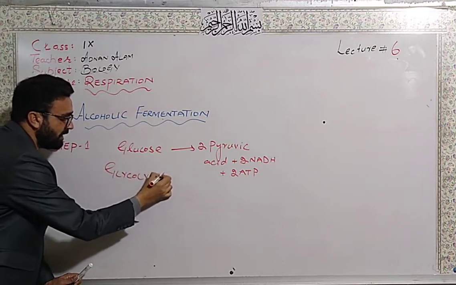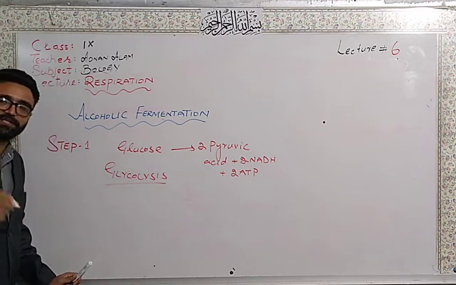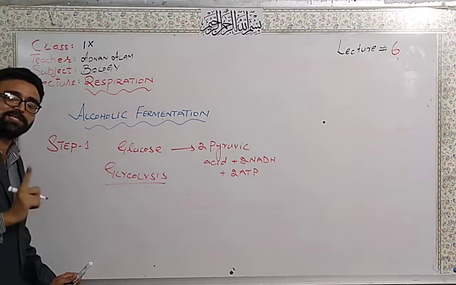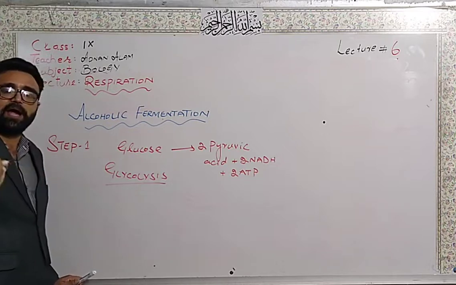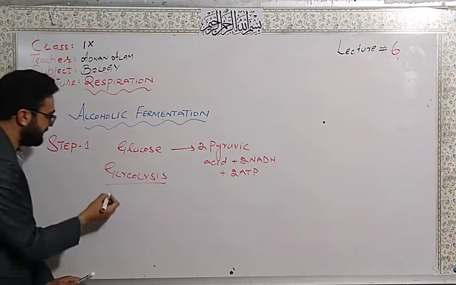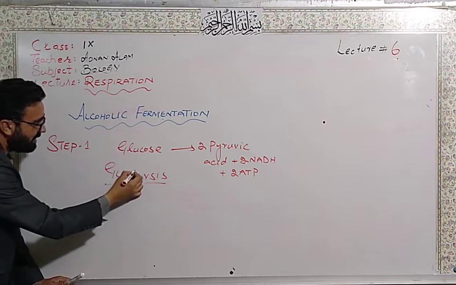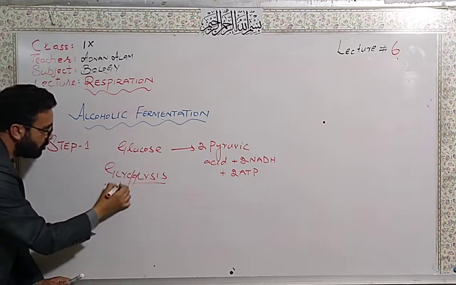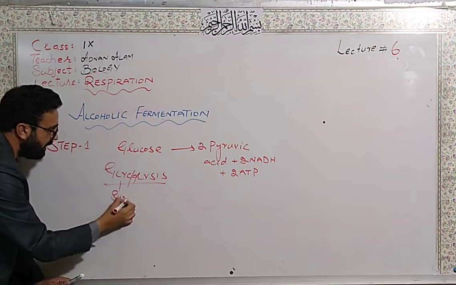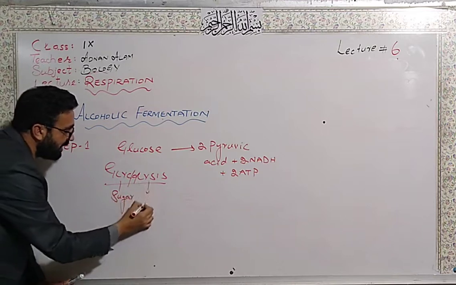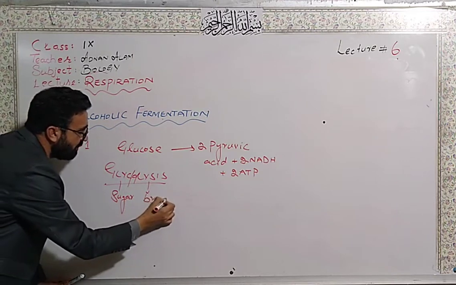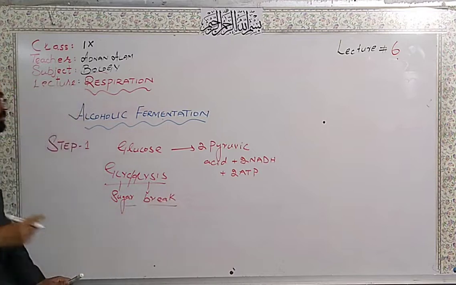It is important to tell you that glycolysis is the first step in both aerobic and anaerobic respiration. This step is common in both. Glycolysis, by word, glyco means sugar and lysis means breakdown, so this is actually the breakdown of the sugar molecule.